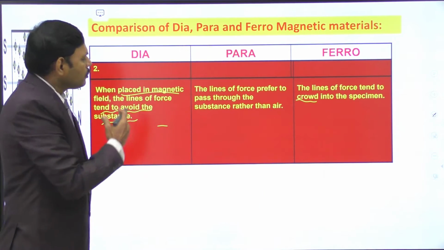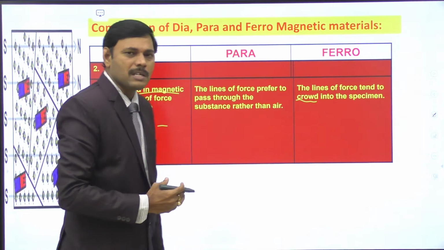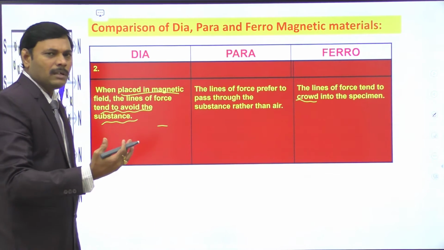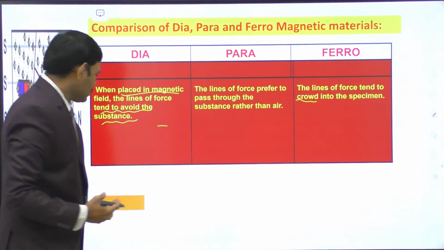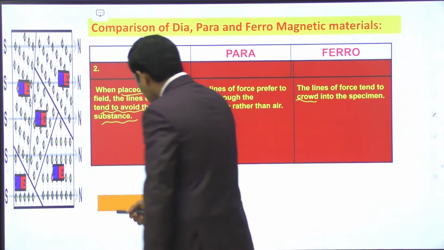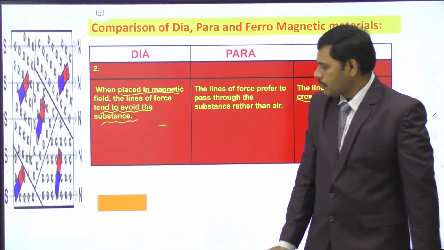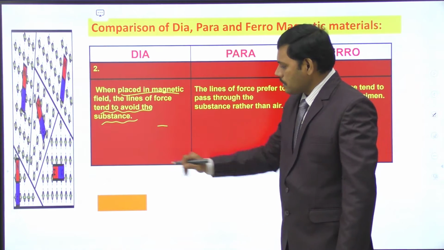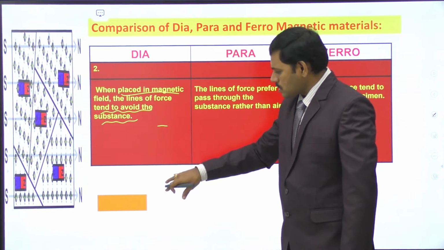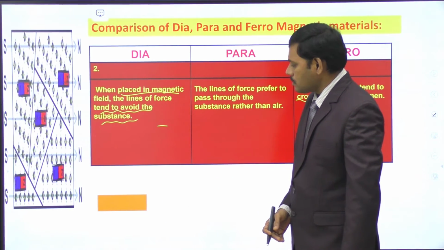So I feel you will understand this explanation effectively with an animation. Let this be a diamagnetic substance like copper. We applied some external magnetic field in this region and introduced the diamagnetic substance in that region.